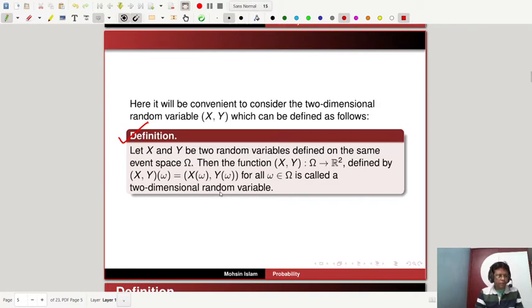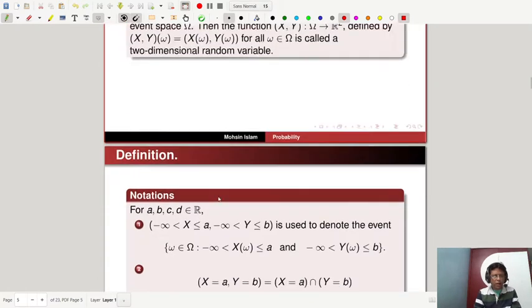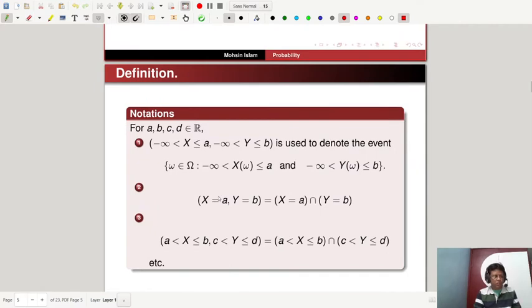Now let me define some notations for that. For a, b, c, d belonging to R, all real numbers, the event -infinity < x <= a, -infinity < y <= b is used to denote the event.